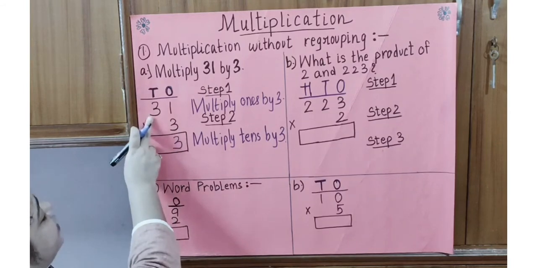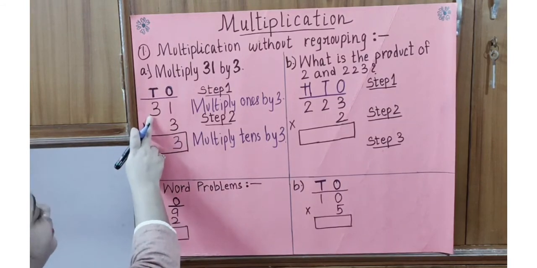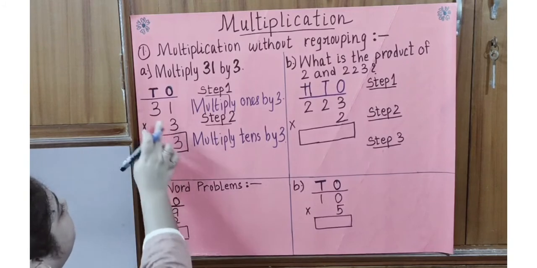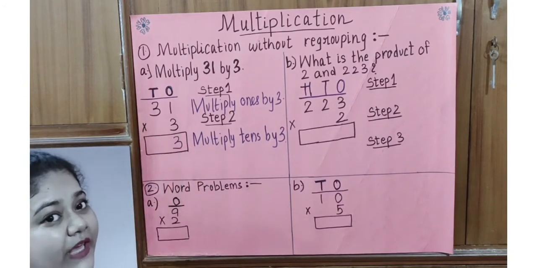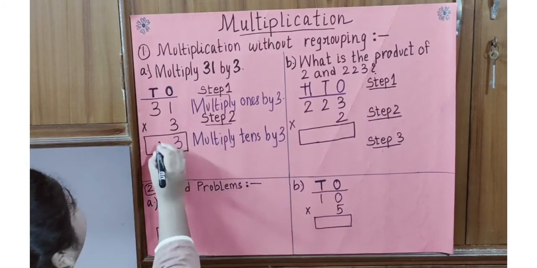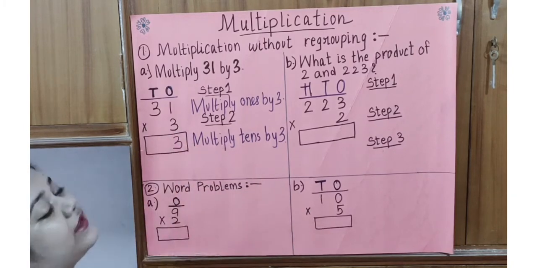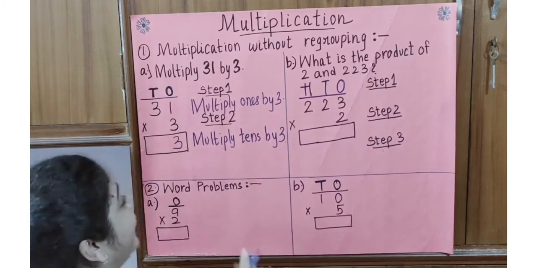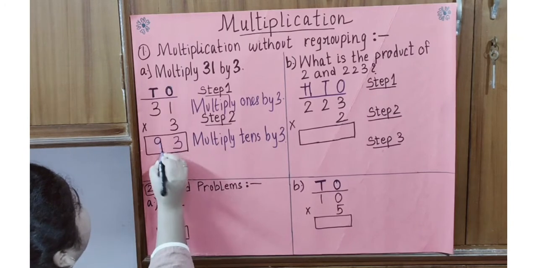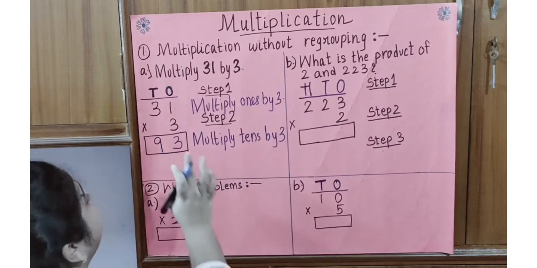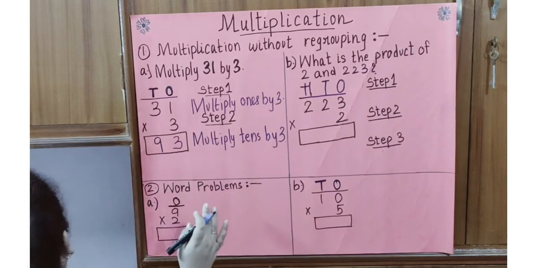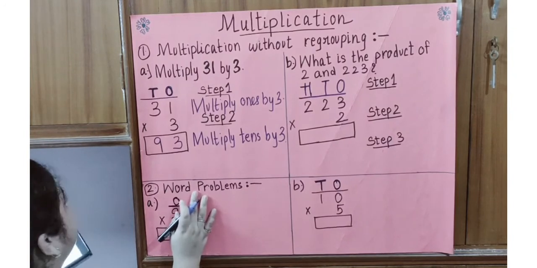So, we are going to multiply 3 tens into 3. So, 3 into 3 will be giving us 9, right? 3 threes are 9, right, children? So, we got the number 93.